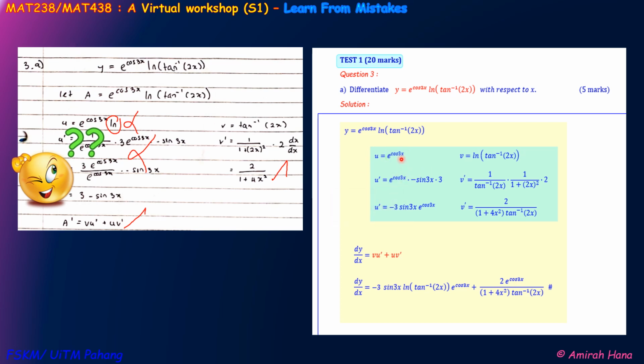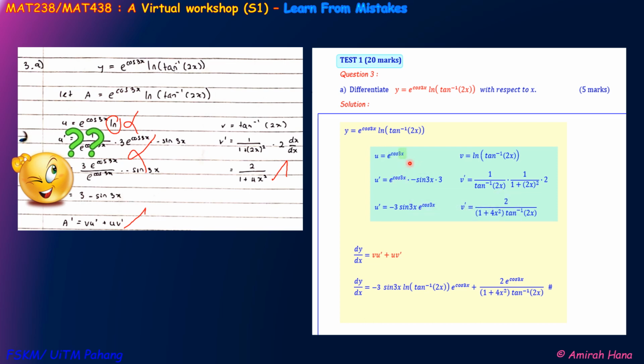After that, we need to differentiate cos 3x. To differentiate cos 3x, we can refer from derivative of cos single x. It equals negative sine single x. So, if we differentiate cos 3x, it equals negative sine 3x. Right?